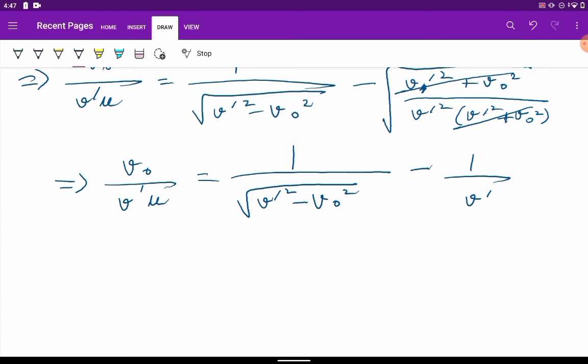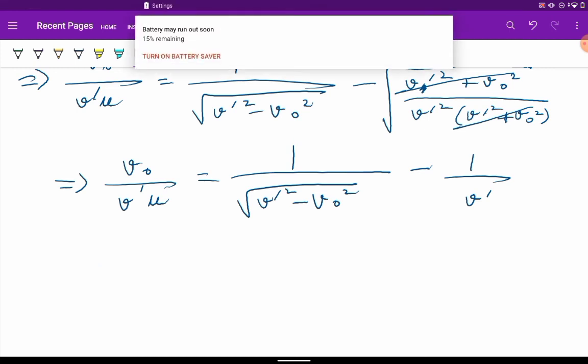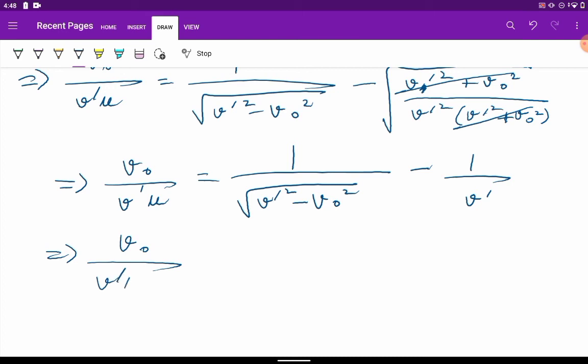So u, this should be simple, I guess now. So u, we want to reverse the thing. I guess what we can do is, for v naught by v dash u, we'll try to take out v dash.